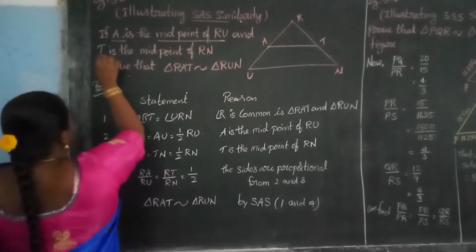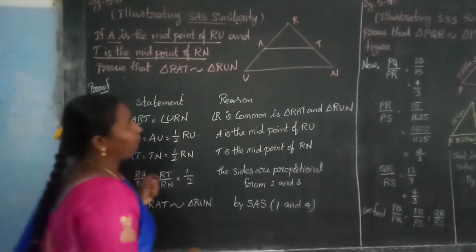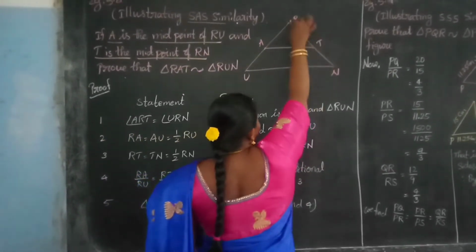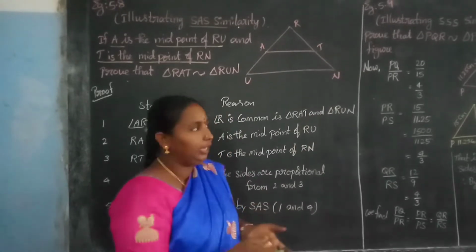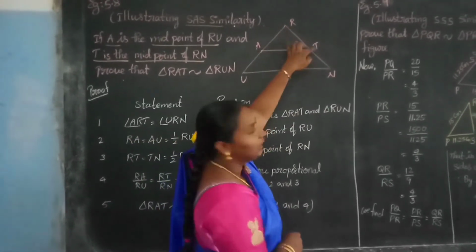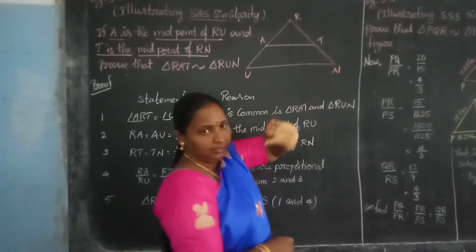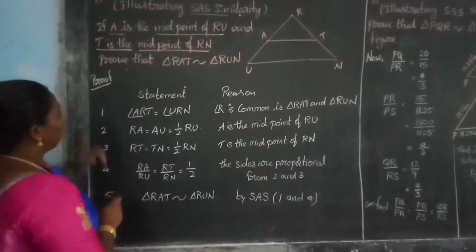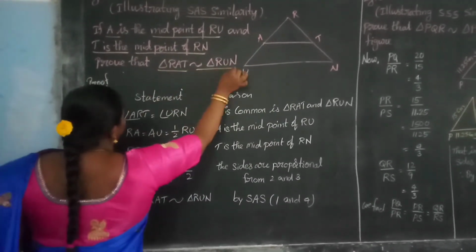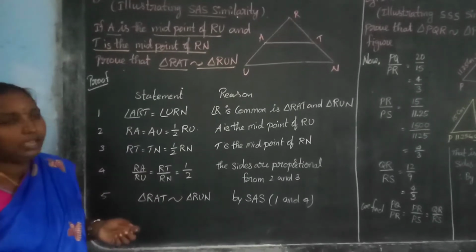And T is the midpoint of RN, then automatically RT is equal to TN. Okay. Let's see. We are going to prove triangle RAT is similar to triangle RUN.